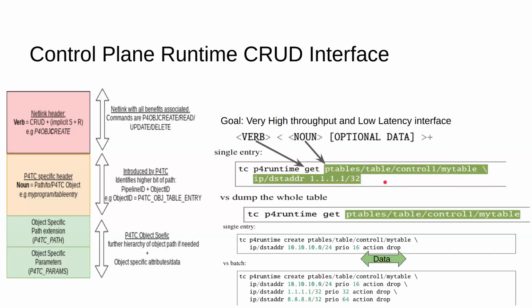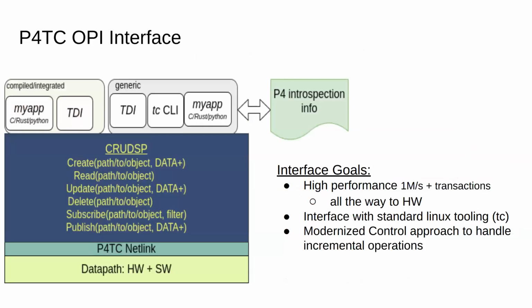Got it. Okay, so in this case, the part of standardization that you're looking at from this group really is if we can have these APIs as a standard way of manipulating datapath tables, and these will be lower level APIs to do the table manipulation. That's the kind of thing I'm assuming you're looking at from OPI. So we could essentially provide a library that has all these 6 APIs, taking arbitrary paths to different objects, which could be human readable if you're using a CLI, like TC, or you could write your own app that's totally compiled.